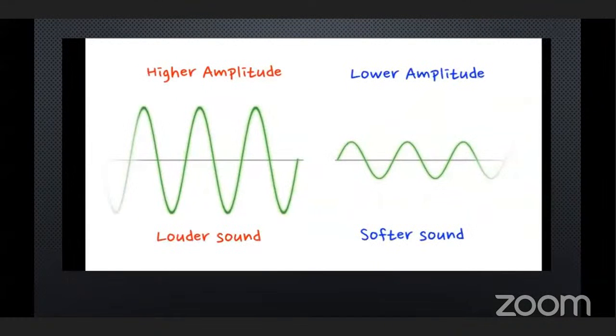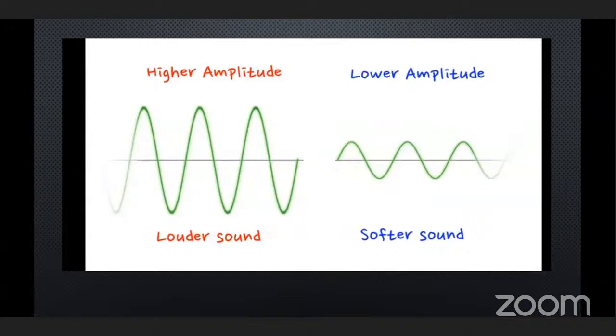Now, the higher the amplitude, the louder the sound. If the amplitude of any object is higher, its sound is louder. And if the amplitude is lower, then the sound is softer.